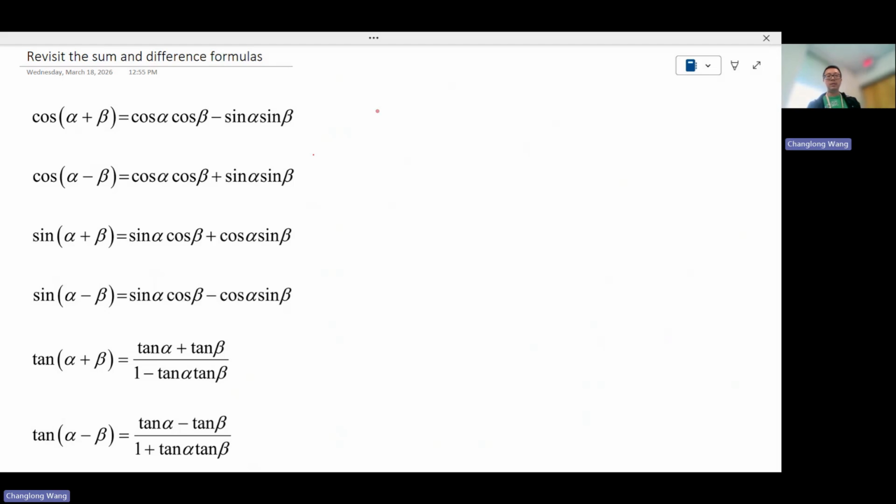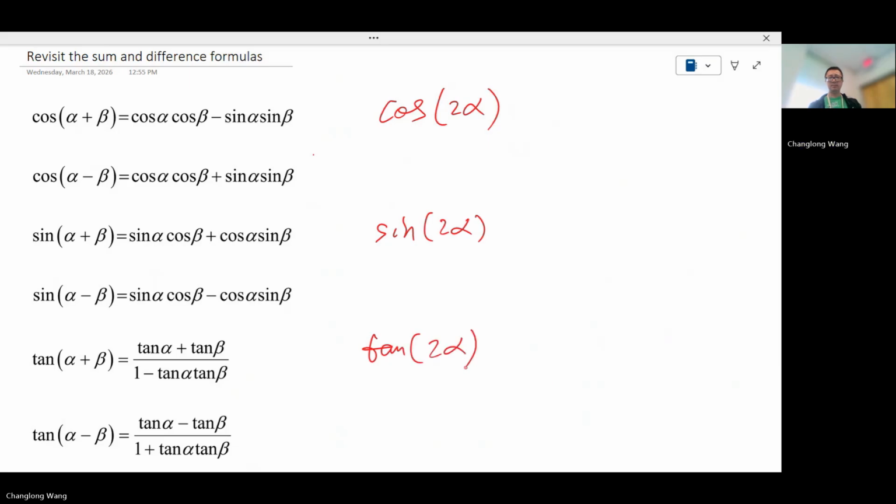That means if I want to get an identity that looks like cosine of 2 alpha, doubling the angle alpha, or sine of 2 alpha, or even tangent of 2 alpha, can I manipulate the cosine of alpha plus beta in such a way that it turns into some identity about cosine 2 alpha?